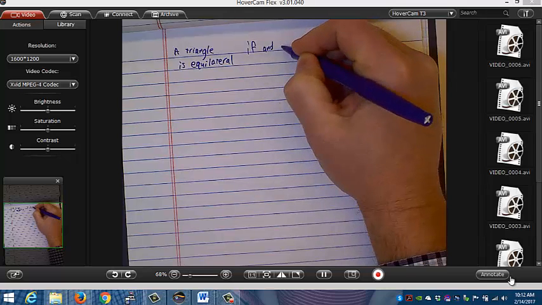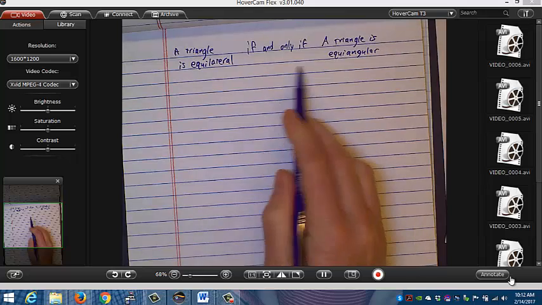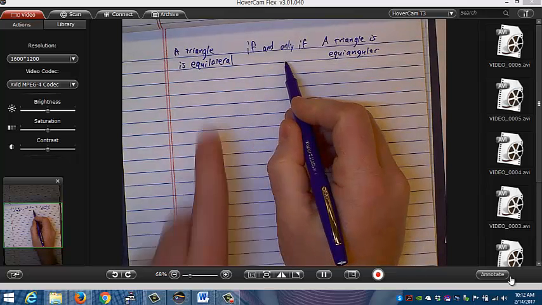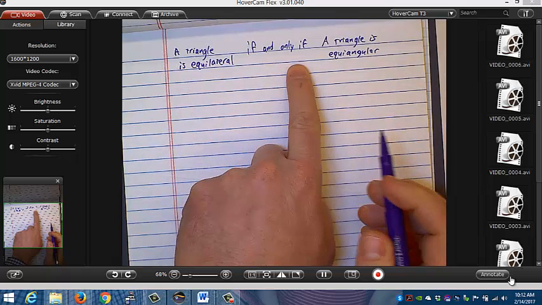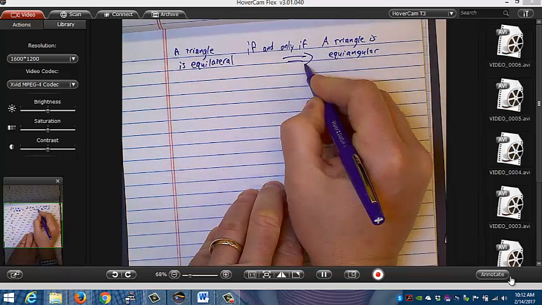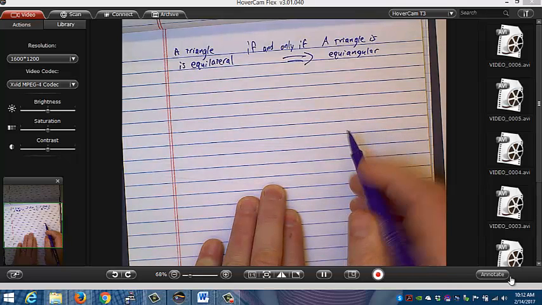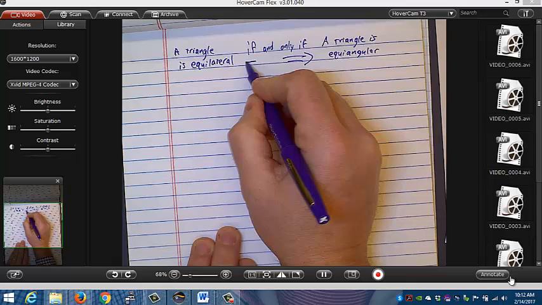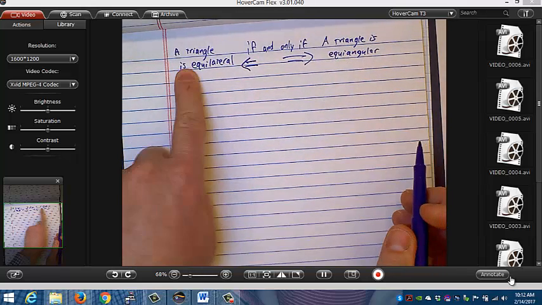You can also say only if. Now, what does only if mean? Only if means the triangle is equilateral implies that the triangle has to be equiangular, right? So if means if this, then that.